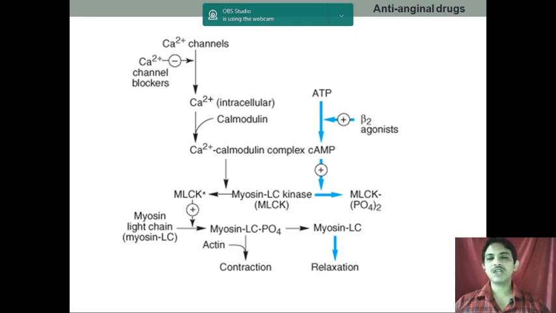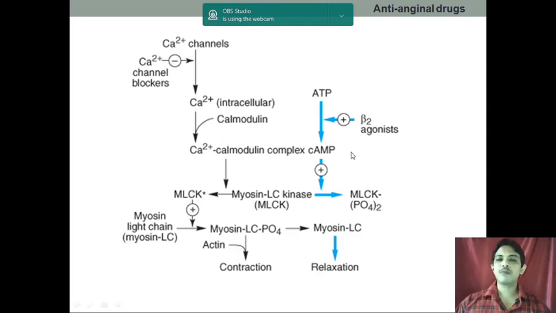Similarly, for potassium channel openers, we have to remember the action potential. When calcium and sodium come inside, it produces depolarization and contraction. But when there is a blockade of the sodium channel or the calcium channel, it causes hyperpolarization.